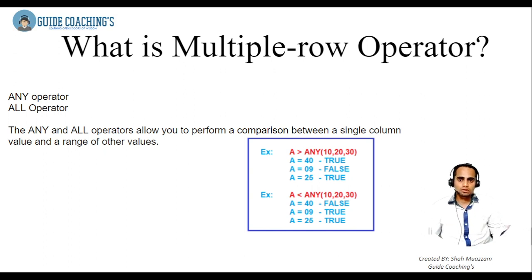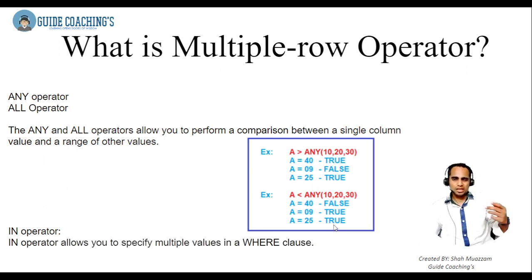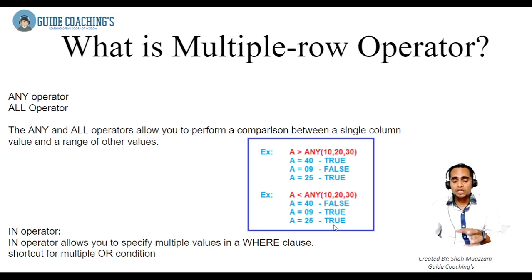That's how it works. Now we'll see the in operator, which is widely used. Any and all are rarely used, but the in operator is mostly used, and the in operator allows you to specify multiple values in a where clause. As you can see over here, it allows you to specify multiple values, and it is a shortcut for multiple or conditions.